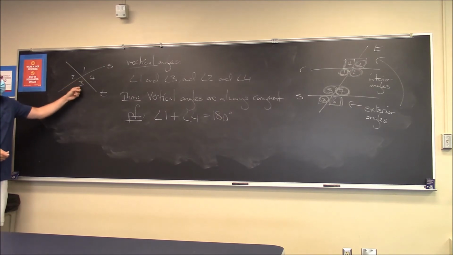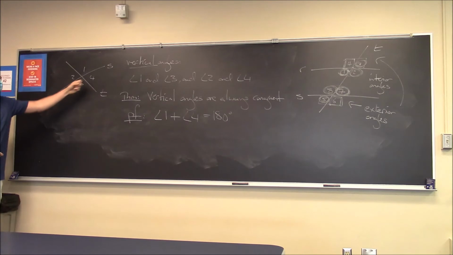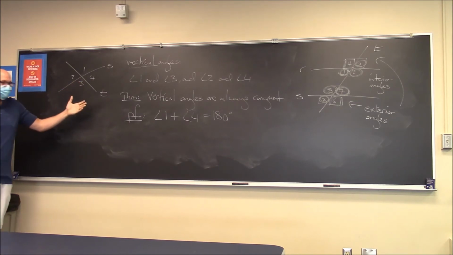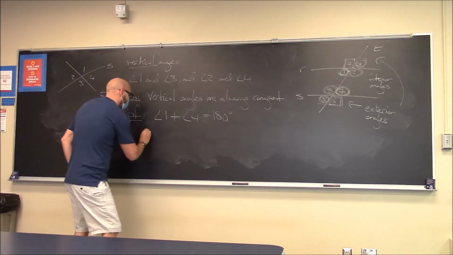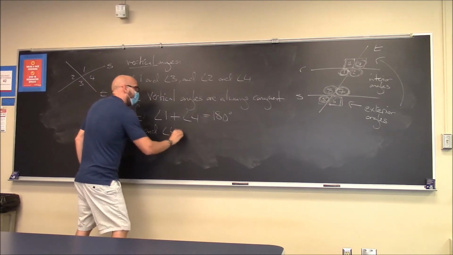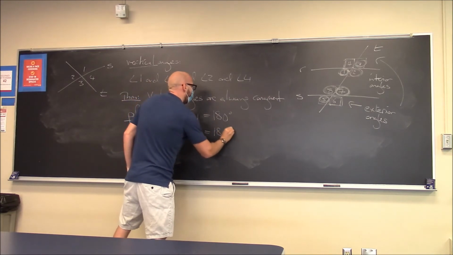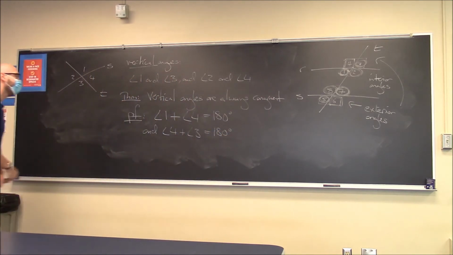What do angle 4 and angle 3 add up to? They're also supplementary, right? So angle 4 plus angle 3 is also 180 degrees. And now, what do I want to do? I think I want to substitute.